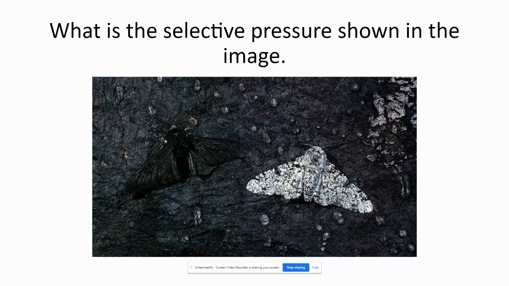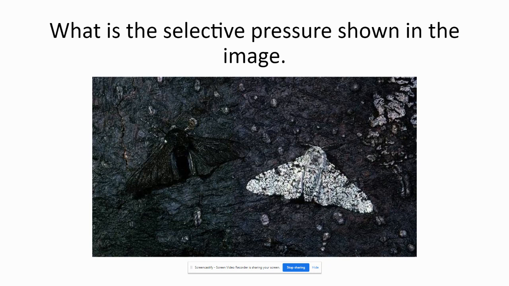For everyone that said it's the color of the background, you are correct. The selective pressure is the thing that's causing the individual to change. This image is showing the time after the industrial revolution, when trees started getting soot on them from smog and the burning of coal.